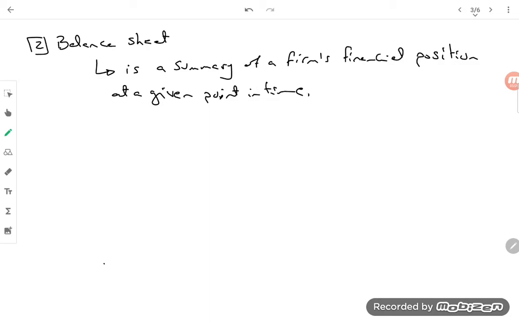It is divided mainly into two main parts: assets and liabilities, plus capital or owner's equity.